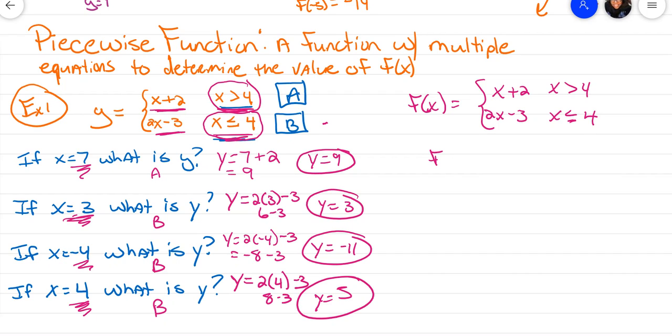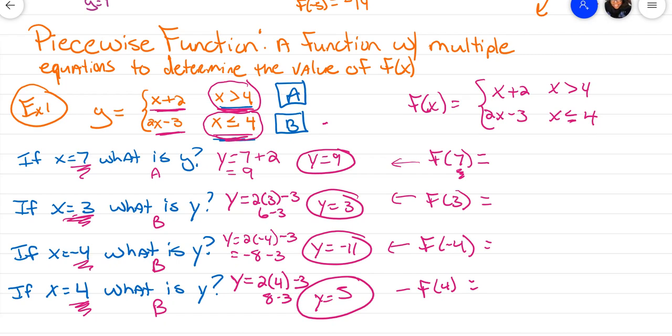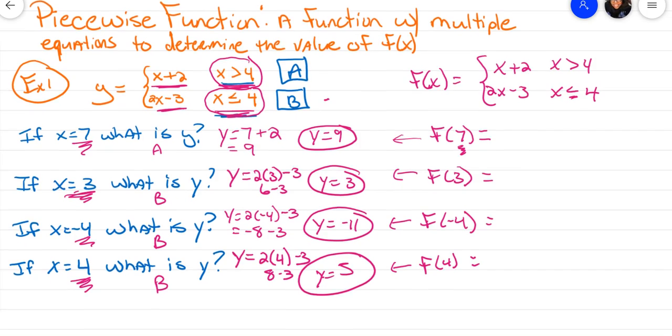It would have looked like this: f of 7, f of 3, f of -4, and f of 4. That means you plug in 7 for x. So it's the same thing as these other ones, just a different notation. This is like slope-intercept form, basically, or solving for y. The other one is called function notation.